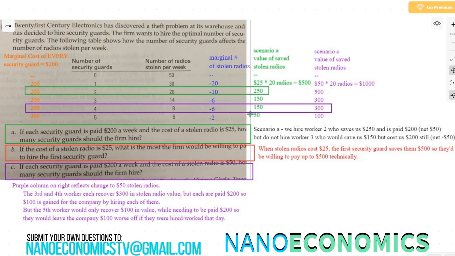So the additional value of prevented radio theft of each worker is represented by this column, and it is the value of the marginal product of labor in this case.